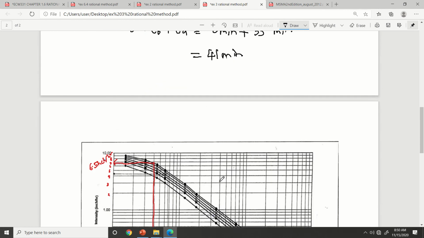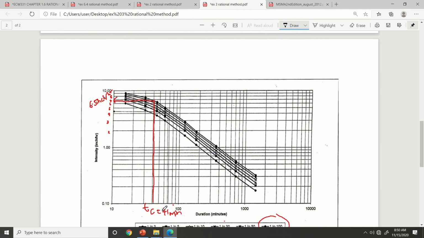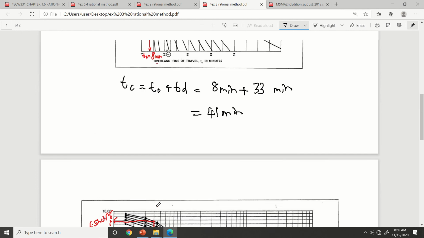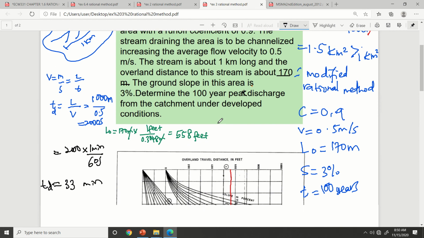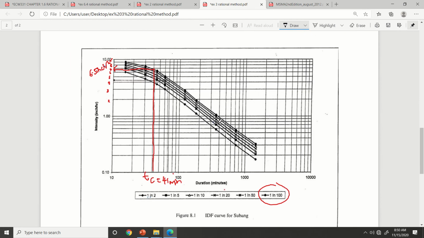Then I will use the IDF curve, TC 41 minutes, and 1 in 100 peak discharge. I expand, and then I get I is 6.5 inch per hour, the rainfall intensity.